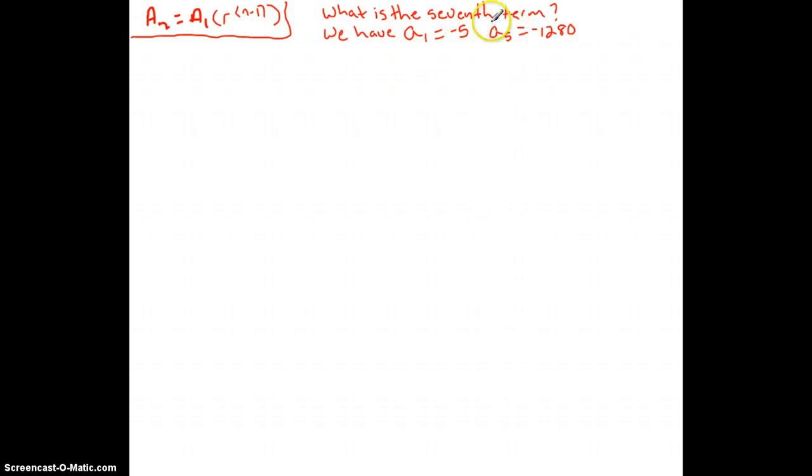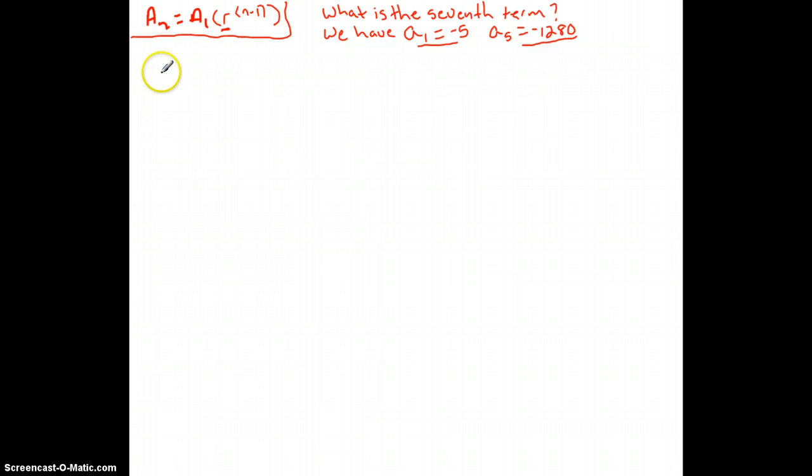So to find the seventh term, the first thing we have to do is plug this information in here to find our r. Once we find our r, which is our common ratio, we can then plug it all back in and find a7, or the seventh term.